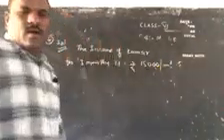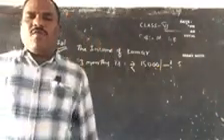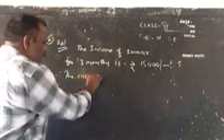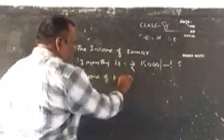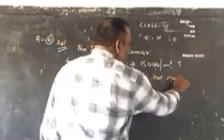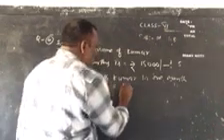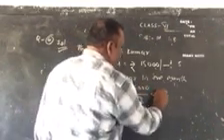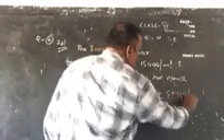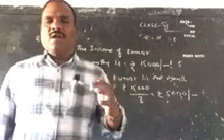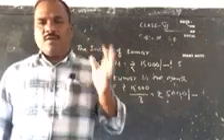Therefore, the income of Kumar in 1 month equals rupees 15,000 by 3, which equals rupees 5,000. So Kumar earns 5,000 in 1 month.